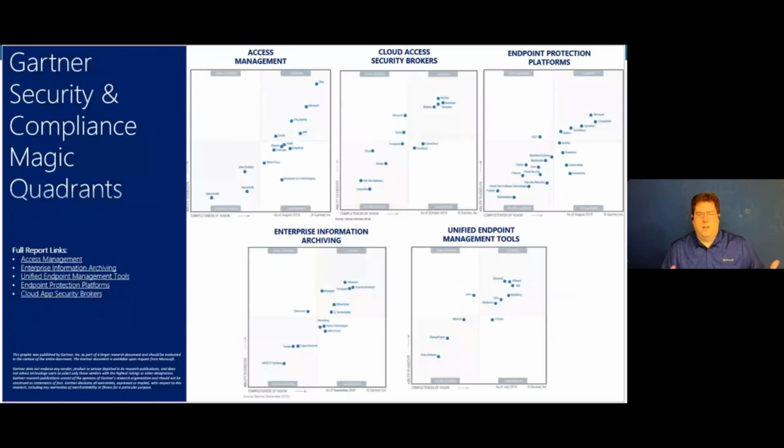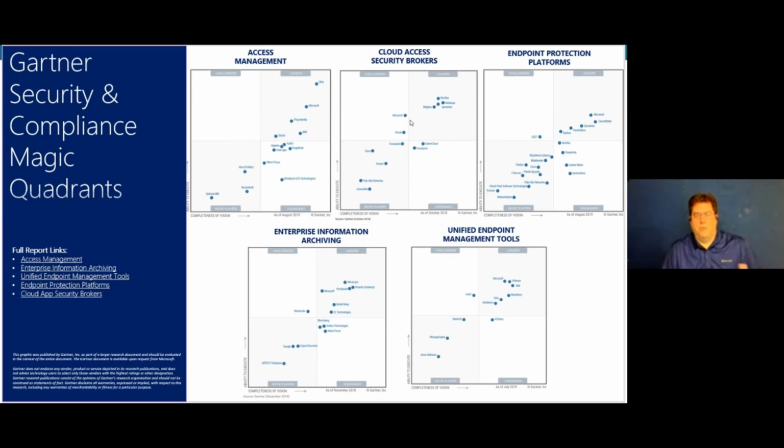And here's just to see where Microsoft falls in terms of security, the Gartner Security and Compliance Magic Quadrants, and you can see on many of these, in terms of access management and endpoint protection, that Microsoft falls in most categories in the leader category. They're here in cloud access security brokers in a challenger category.